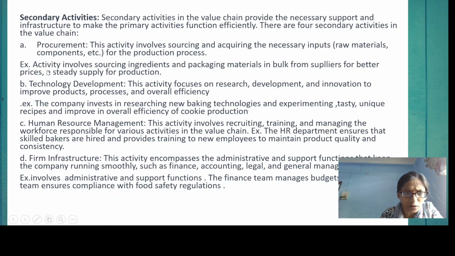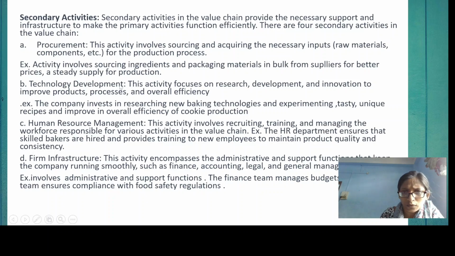And of course, if we can maintain this relationship with our suppliers, we can ensure that we'll get our ingredients and other materials in a timely manner. Because if we receive these ingredients late, it may affect our production, and of course it will affect the whole process.